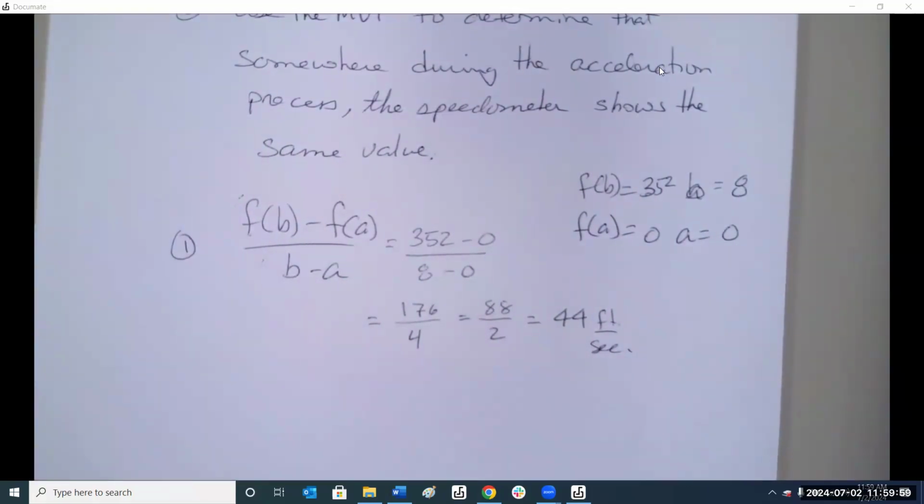Now, using the mean value theorem, determine that somewhere during the acceleration, the speedometer shows the same value.